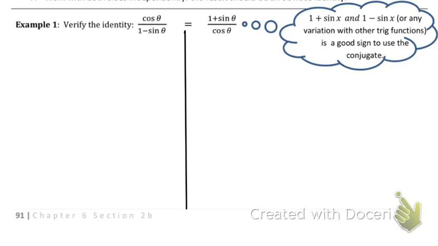So I need to multiply the top and bottom of that fraction by 1 plus sine theta. That's exactly what I'm going to do. We have cosine theta all over 1 minus sine theta, but I'm going to multiply the top and bottom by 1 plus sine theta over 1 plus sine theta. Once again, I'm multiplying by 1, so it's okay.